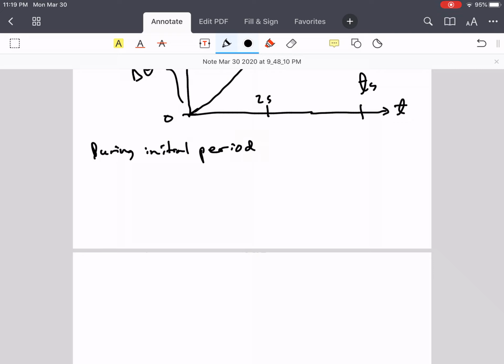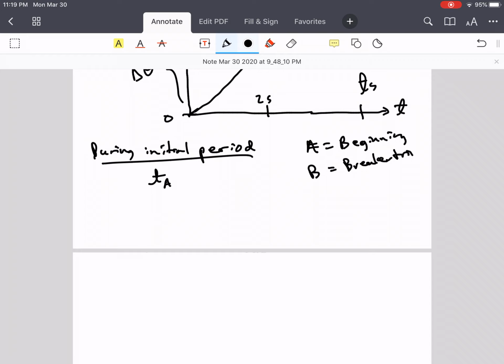I know my initial time. Let's call that TA. A is right at the beginning. B is at t equals 2 seconds when the breaker trips. And let's call it S for stop, at the end when everything stops.